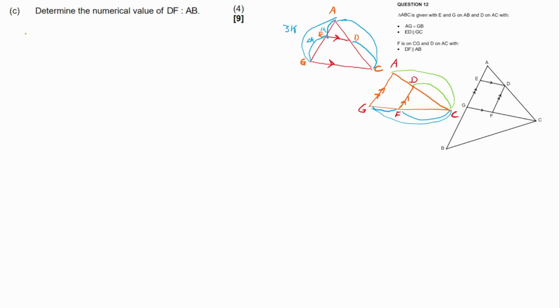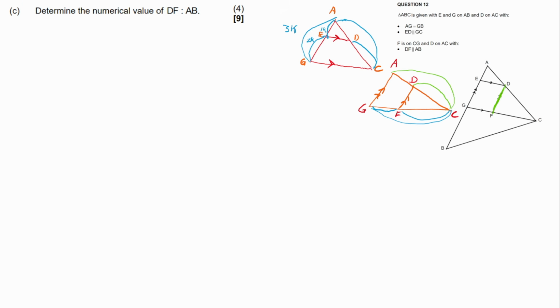Now what we have to do is determine the numerical value of the ratio of DF to AB. So let's have a look. Here's DF. DF is over here. And we need to work back from DF to somehow get to a connection of AB.